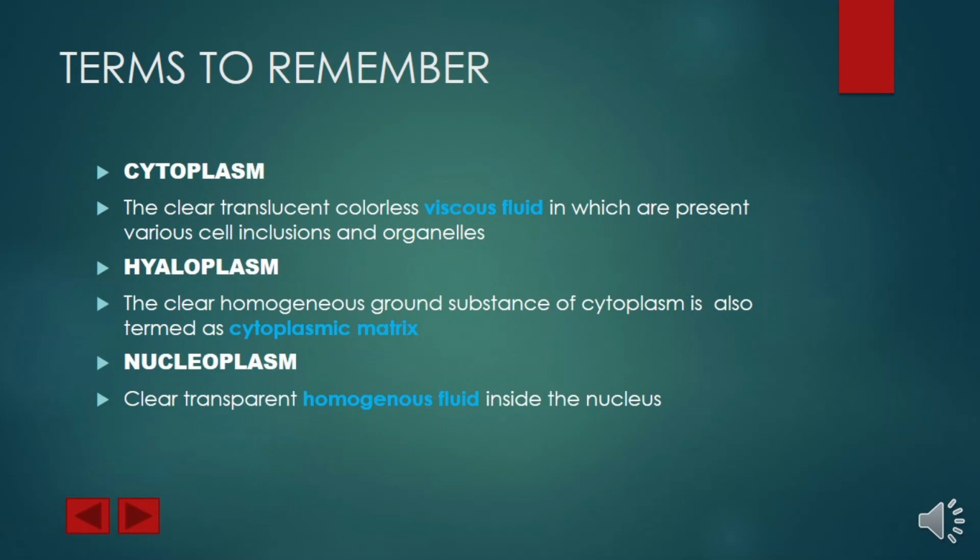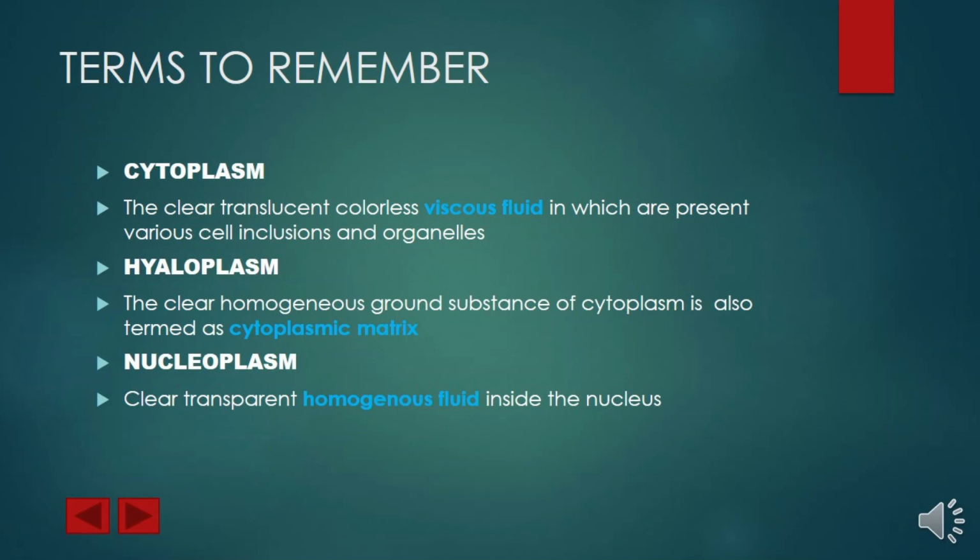So coming to the next one, that is nucleoplasm. From the word it is clear, nucleoplasm means inside the nucleus, and plasm means the fluid. So it is the fluid present inside the nucleus, a clear, transparent, homogeneous fluid covered by the nuclear envelope and nuclear membrane.